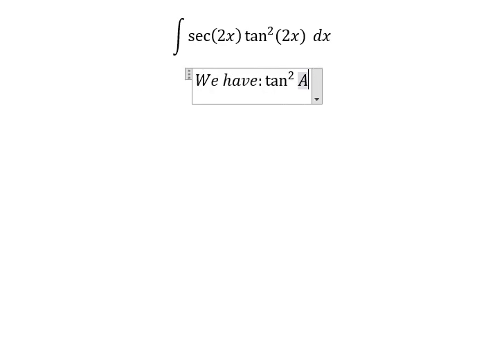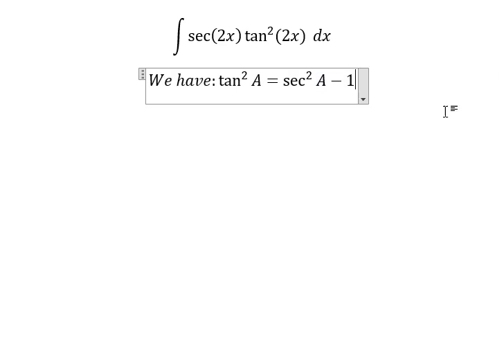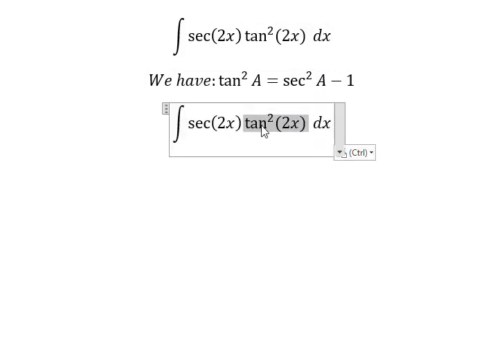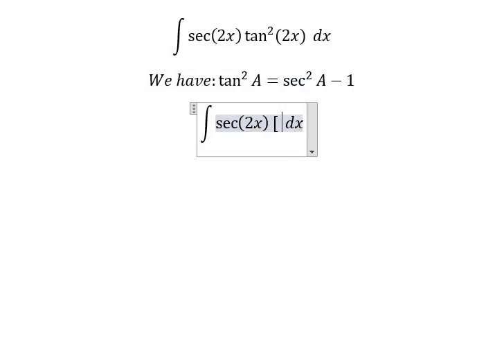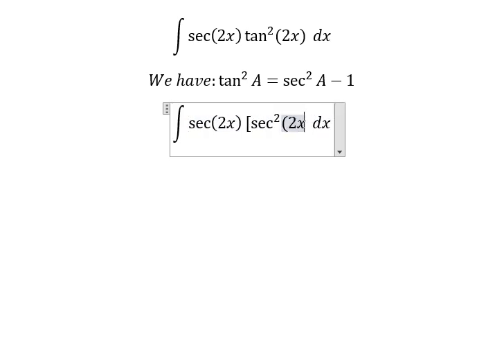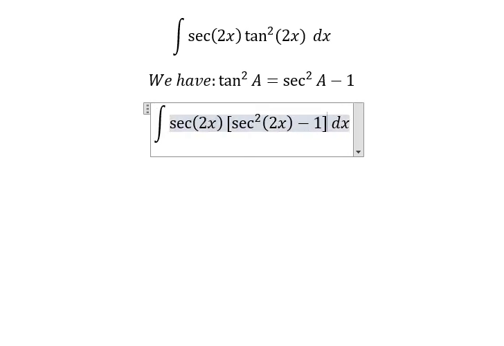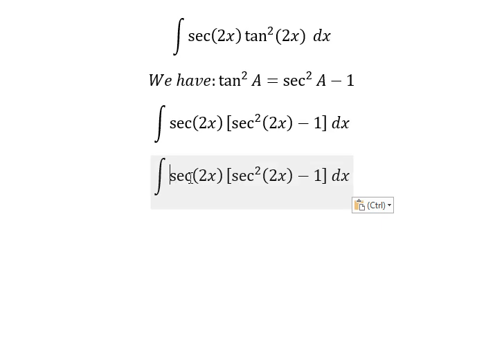Tan a squared equals secant of a squared minus number 1. So about this one, we need to change this one into this one. Next, this one will multiply by this one and this one.